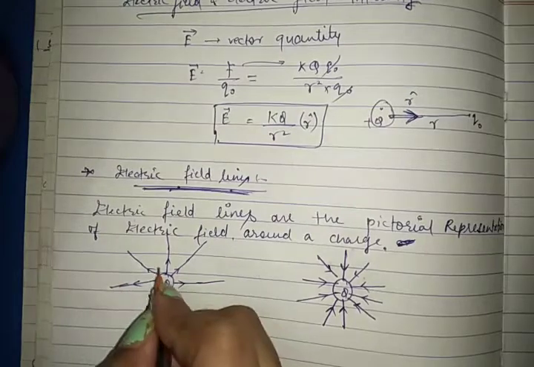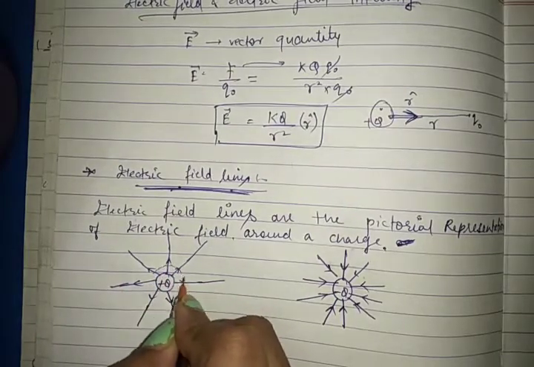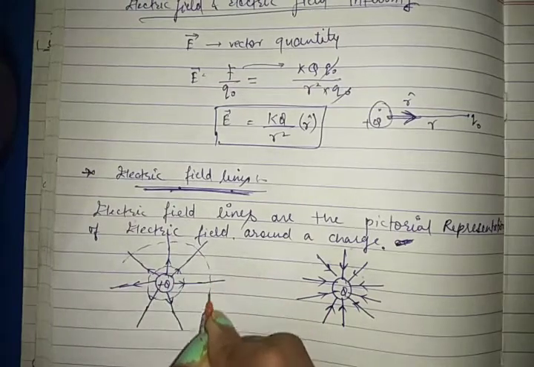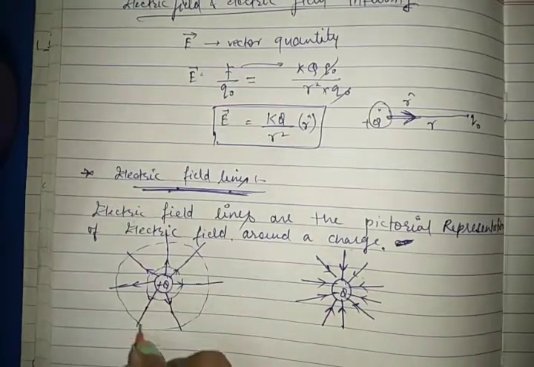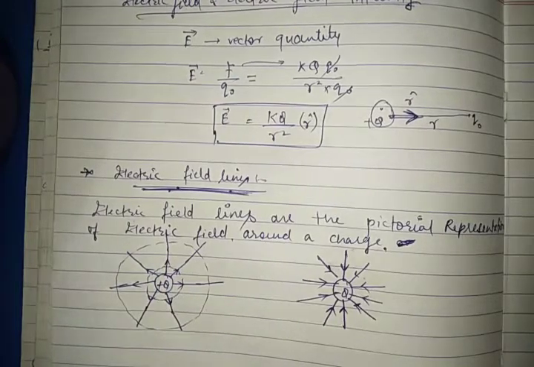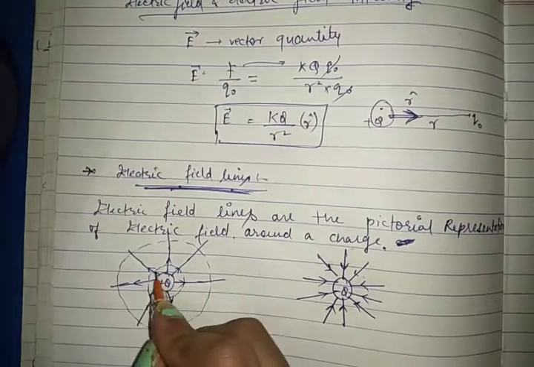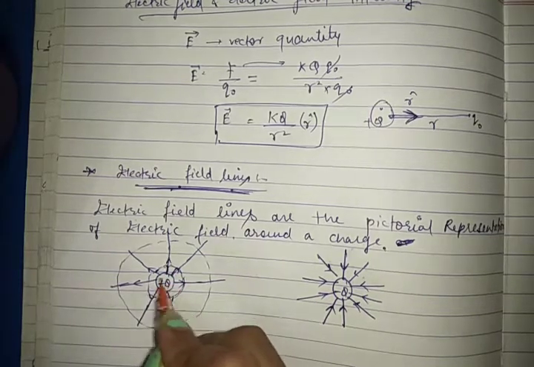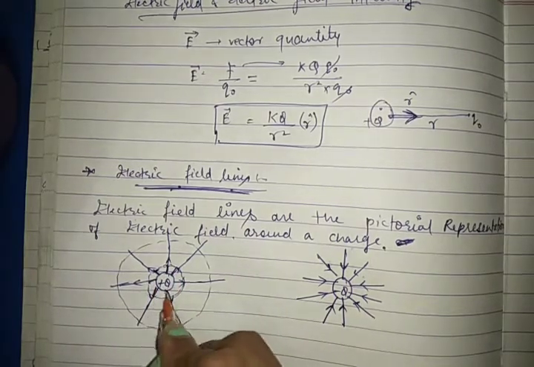If you consider this part and this part, this plus Q charge is generating its effect, that is electric field. Now if you consider this part, you can see that electric field lines are closer to each other here.